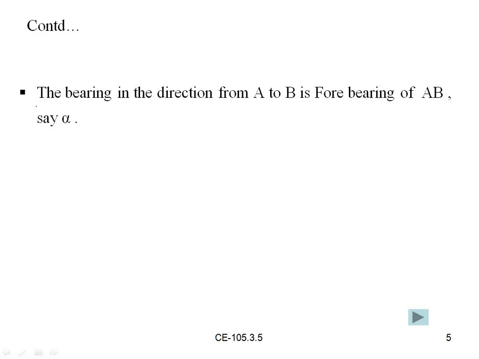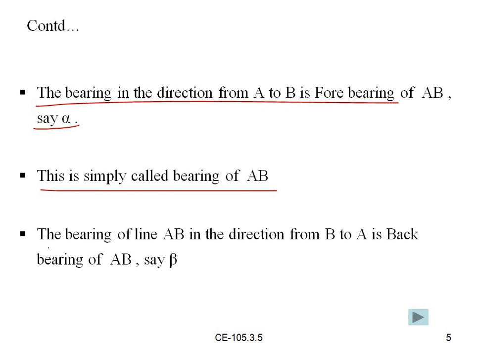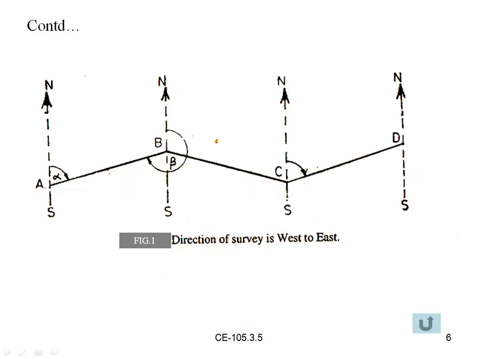Let us see, the bearing in the direction from A to B is the forebearing of AB, say alpha, and this is simply called the bearing of AB. The bearing of the line AB in the direction from B to A is the back bearing of AB, say beta. Here you can see the north and south directions.